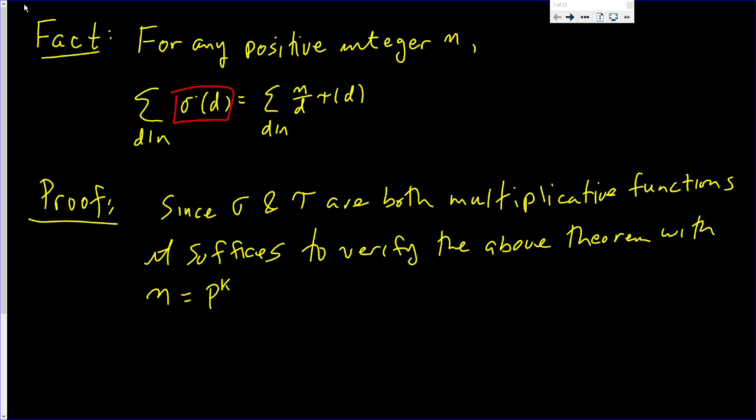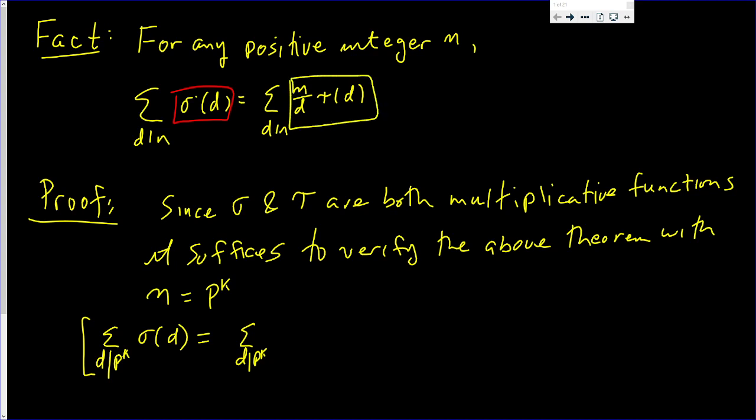So basically what we want to show is that the summation, as we sum over all divisors of p to the k, of sigma of d is equal to the summation over all divisors of p to the k of this up here. But this summation is over d. n has nothing to do with d.